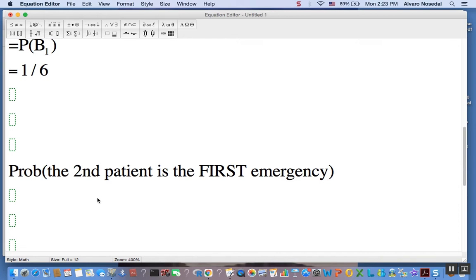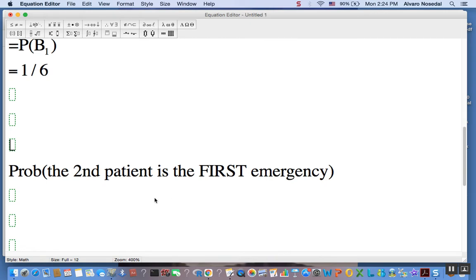Remember, our building blocks will be the B_i's. If the second patient is the first emergency, what that means is that the first arrival was not an emergency, and then we had to wait until the second arrival to see our first emergency case. Make sense?